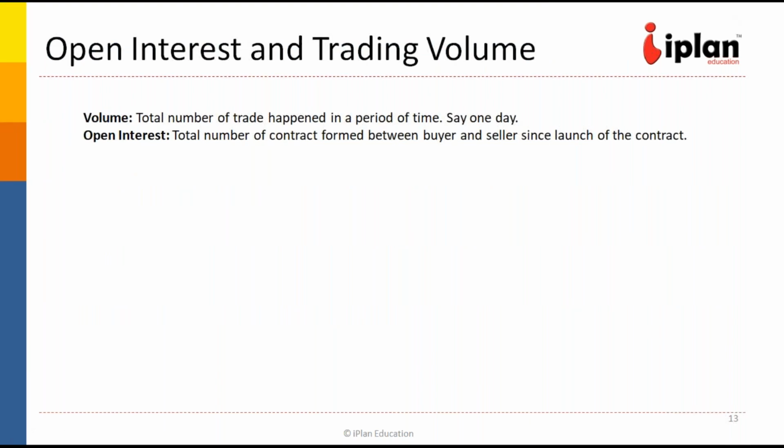Now, what is open interest and how is it different from trading volume? Volume is the total number of trades that happened in a period of time, let's say one day.